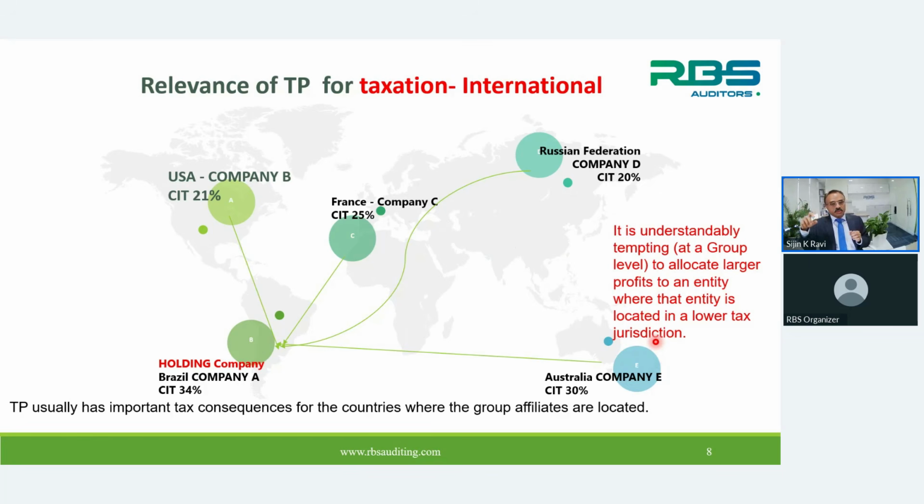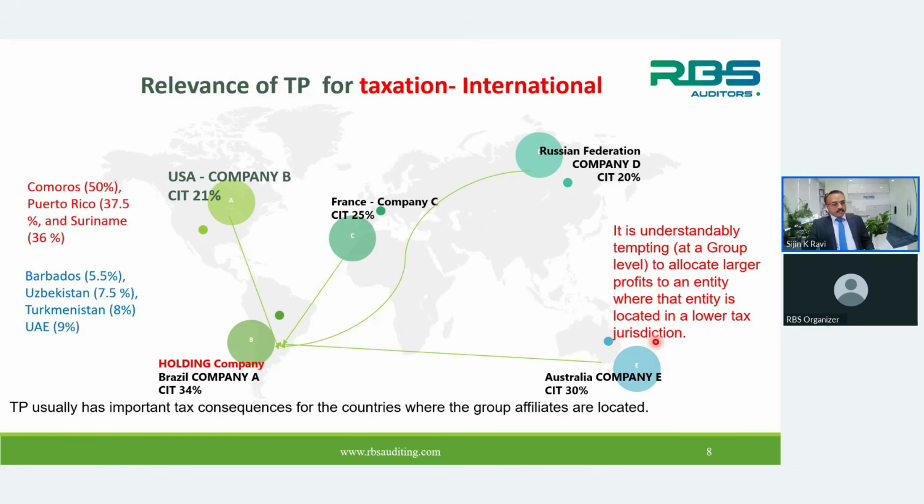Because of this, transfer pricing comes into the picture. At the international level, the highest tax rate is Comoros at 50%, the next is Suriname at 36%, then Puerto Rico at 31.5%. The lowest is Barbados at 5.5%, and now the UAE at 9%, with other countries in between at 7.5% and 8%. This is the entire structure of international transactions.